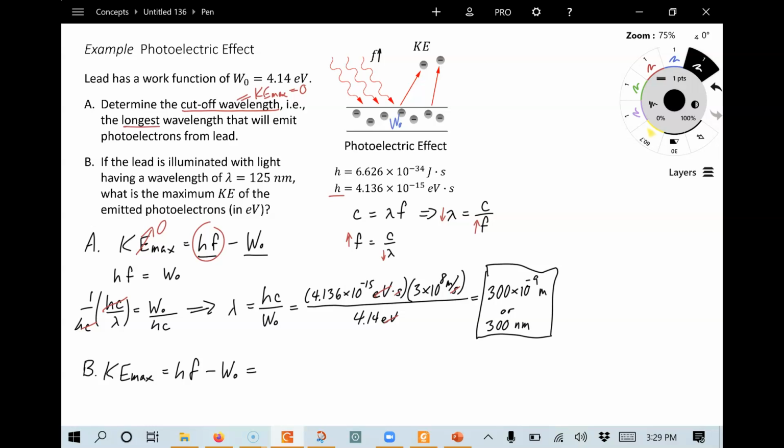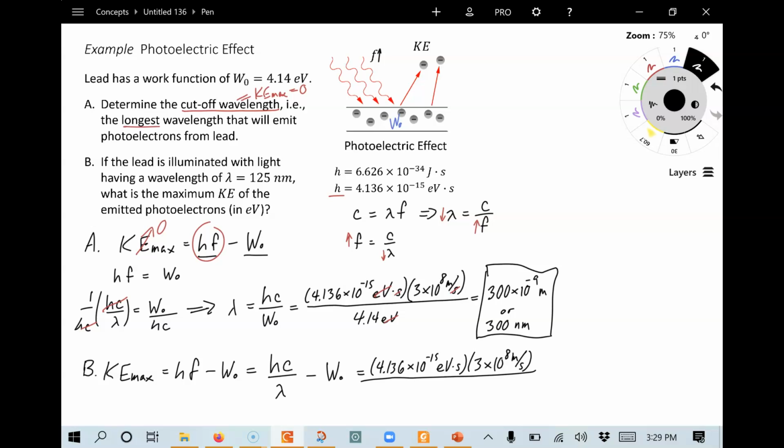Let's substitute in again like we did before. For f, we're going to put in c over lambda, minus W0. And in this case, we're going to put in Planck's constant again in eV, times c, divided by the wavelength.